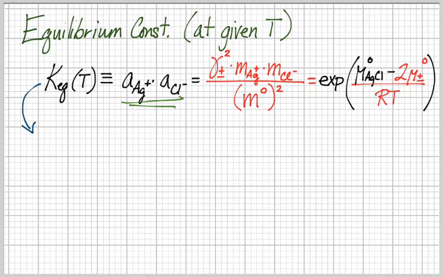I get that value by knowing about the mean activity coefficient of the two, that is a squared term, and then I'm going to have my molality. These are measured values of molality per standard solution. And that is all going to be equal to that. This would have been the part of the equation on the left, exponential, the chemical potential of the solid at standard state, minus 2 times the chemical potential of the ions in solution divided by RT. Okay?